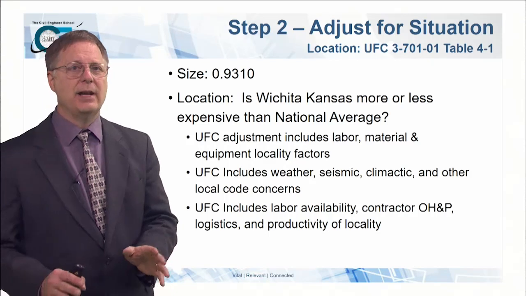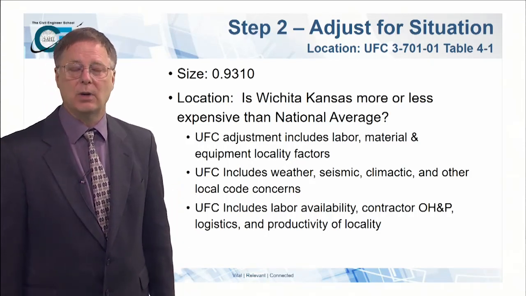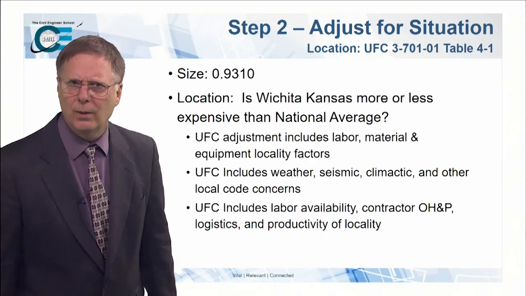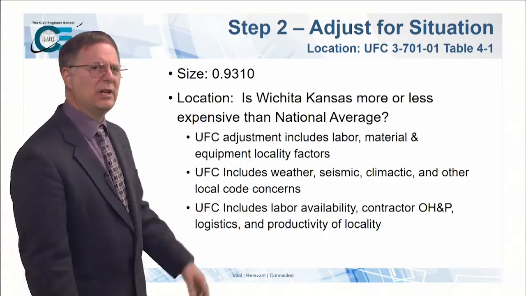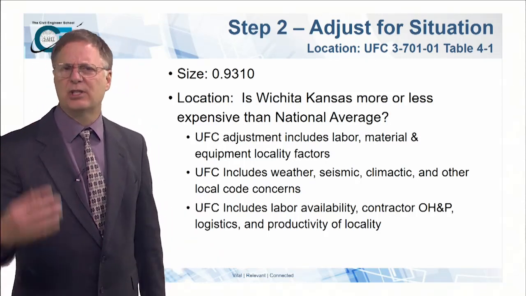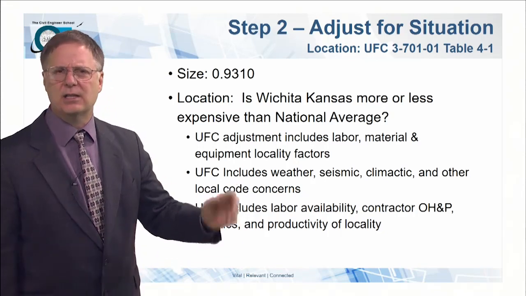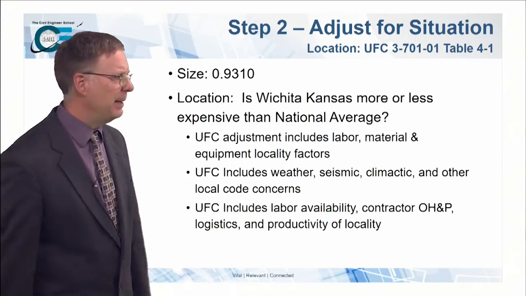I often get asked whether the area cost factors consider the fact that we're in a location where the labor is just not available. Yeah, they do. That's what it's all about. That's why we have it. It doesn't consider the fact that we've got some unusual situations here with the tornadoes in Kansas, or the hurricanes in Florida, or the snow in Thule, Greenland, or whatever it might be.